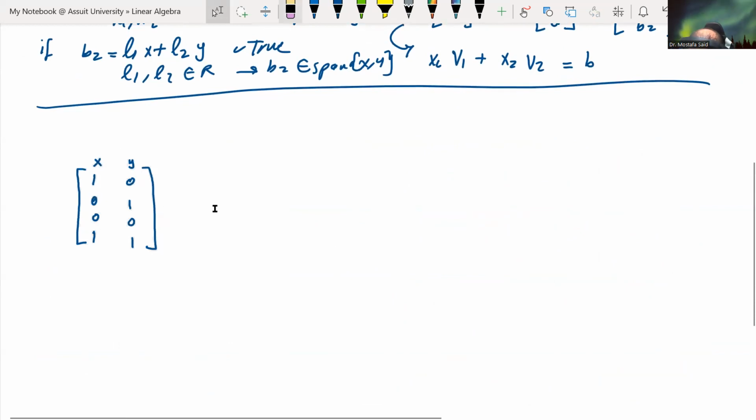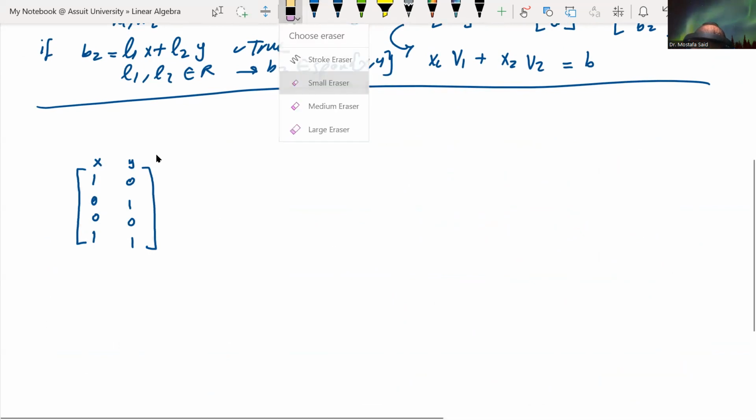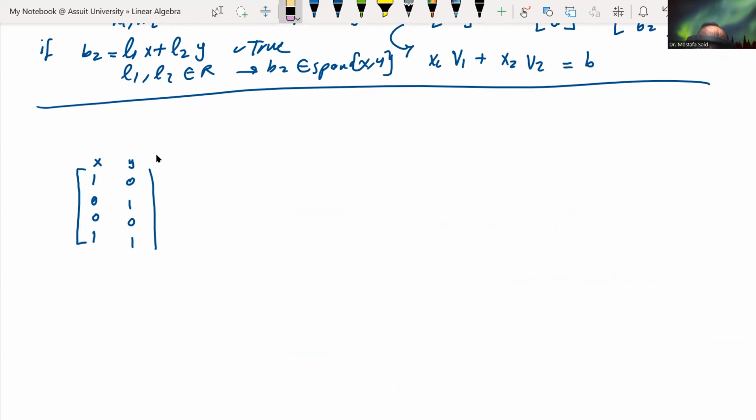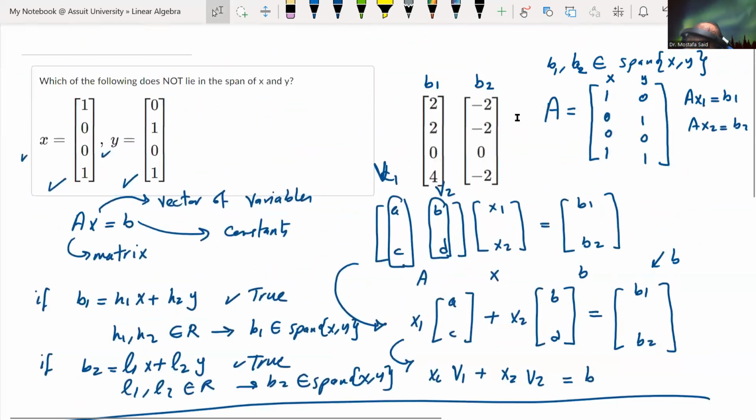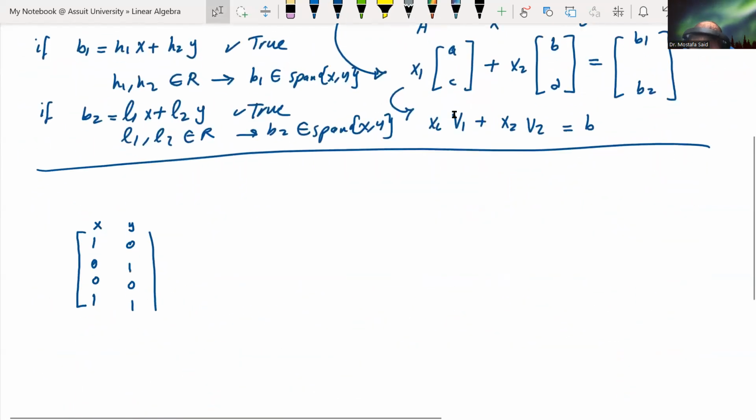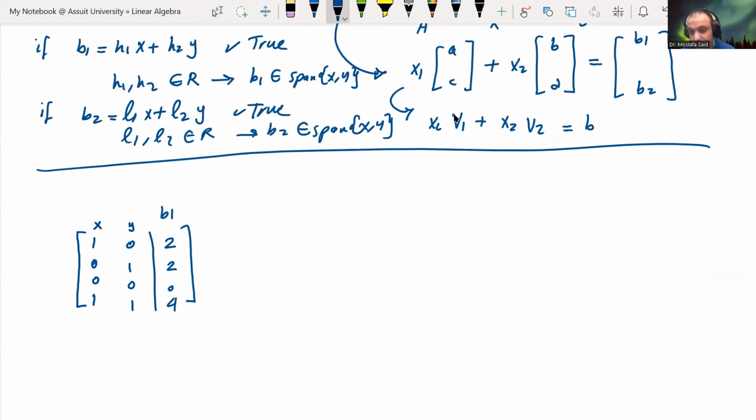Then we're going to start with b1, and what we're going to do is write a system of equations using b1. So what is b1 here? It's 2, 2, 0, 4. That's b1.